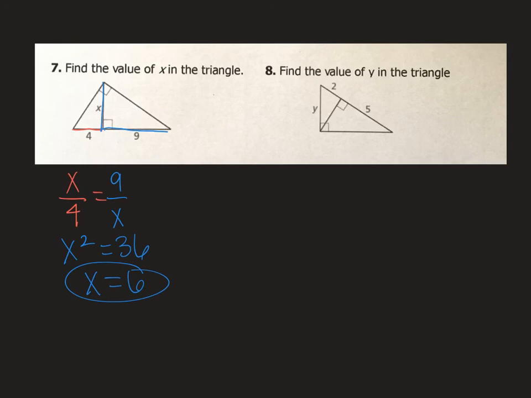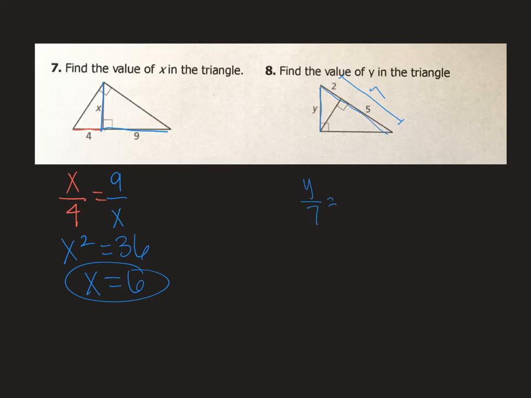Same thing in number 8. So remember, when we're finding a leg, we're going to use that leg that we need to find in the whole hypotenuse. So if this piece is 2 and this bottom piece is 5, that's going to give us an entire length for that hypotenuse of 7. So the shorter leg of the whole triangle over the hypotenuse of 7.